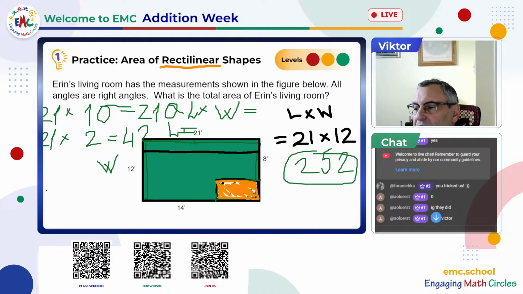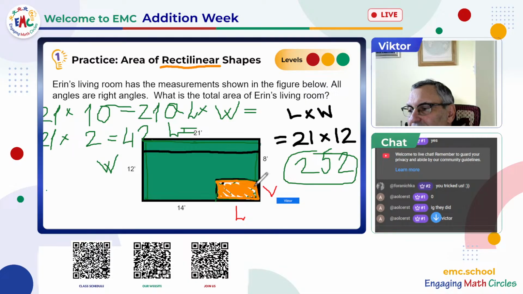Can we calculate width and length for the small area? Yes, this is the length, and this is the width. You had it the other way around.